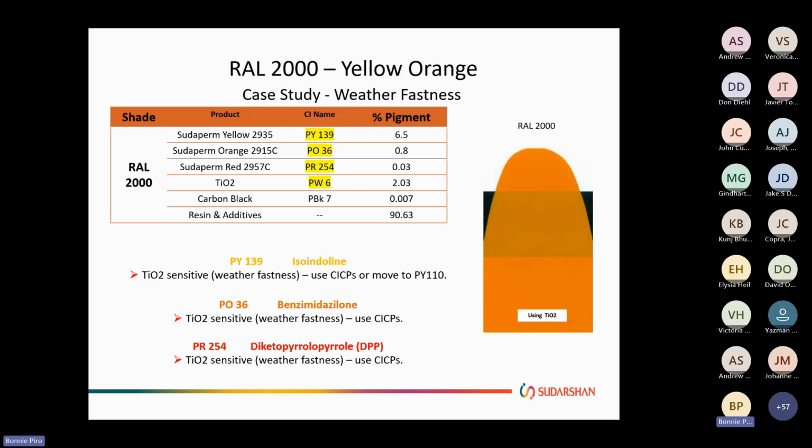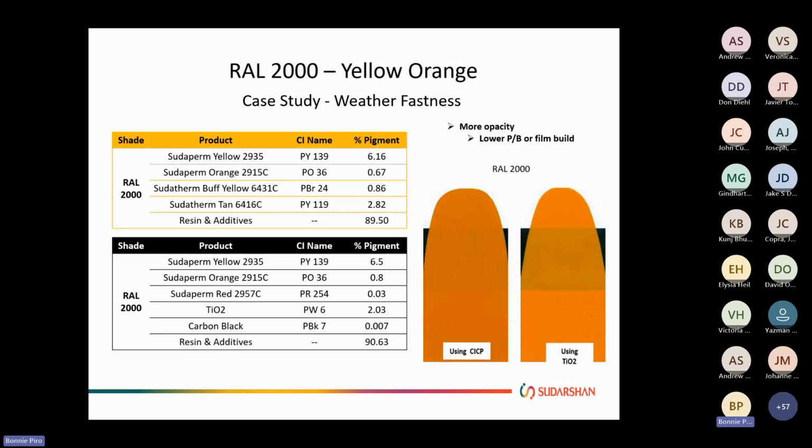All three of those are well known to be impacted by TiO2. If we reformulate to avoid the TiO2, we are using a couple of CICPs in the formulation, Brown 24 and Yellow 19, to get to that same color space.